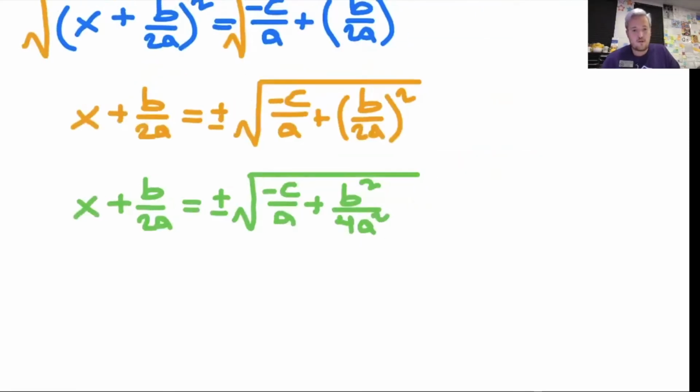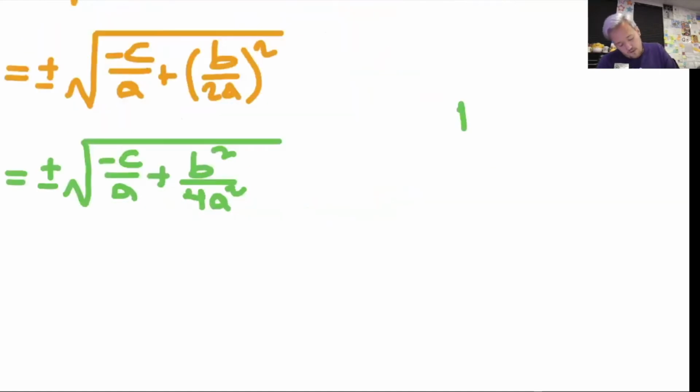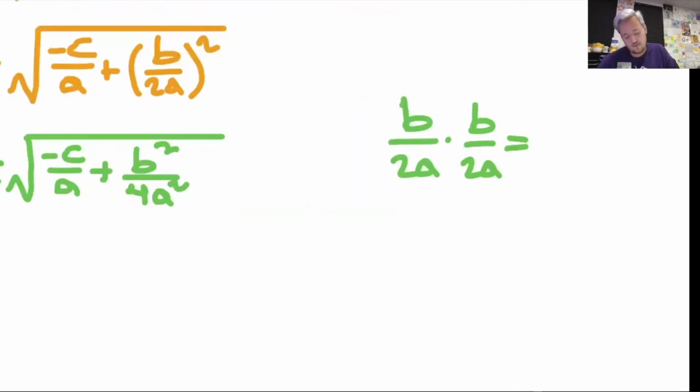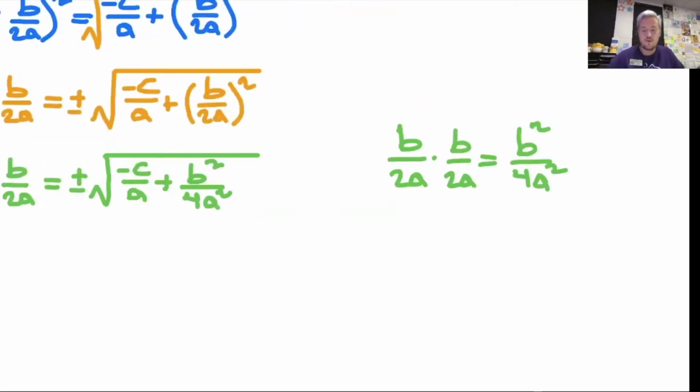Just a reminder, whenever you square something, so b over 2a times b over 2a, I'm multiplying it times itself. So that's going to be b squared over 4a squared. All right, so that's where that came from.